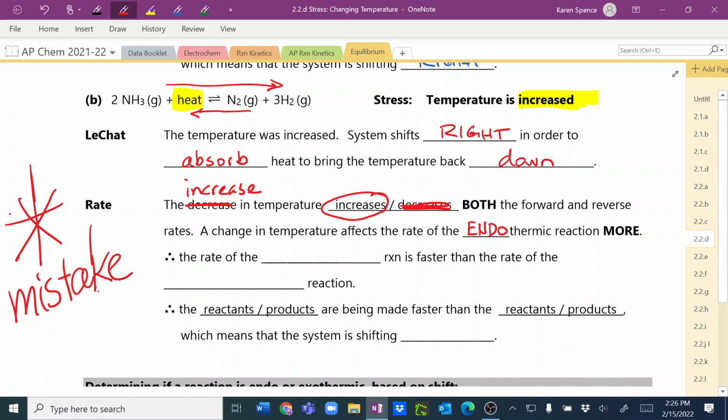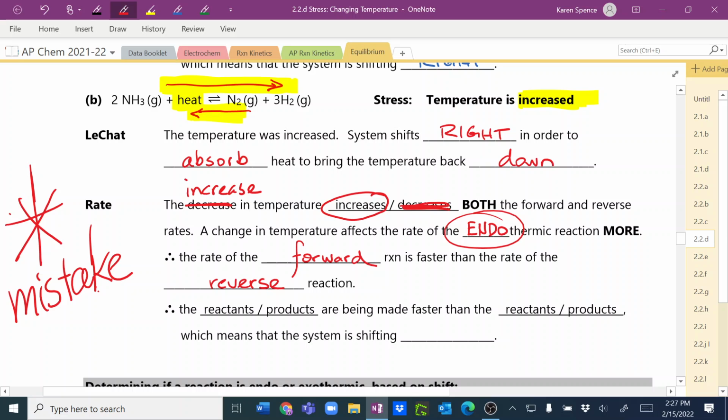Okay? So if we increase the endo more, that means that the forward rate got increased more and the reverse rate got increased less. Yes? So which rate is faster? The rate of the forward is faster than the rate of the reverse.